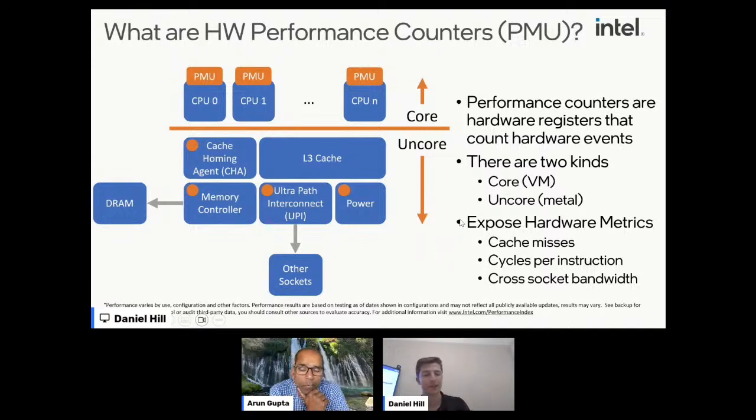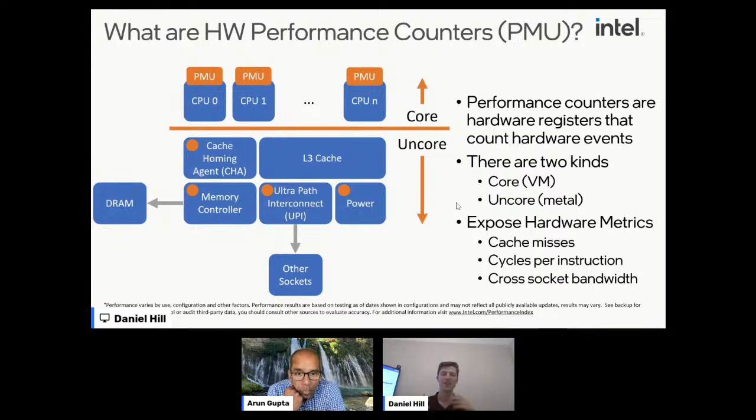Yeah. That's wonderful, actually. So core and uncore, I guess uncore gives a lot more detailed information, but core gives you enough for you to start digging into the problem. Very much so. Uncore is useful for anything past that L2 cache.